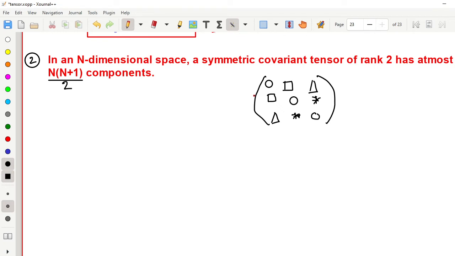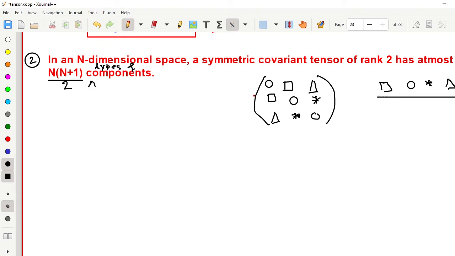So here count how many different types of components there are. It has at most n into n plus 1 by 2 types of components. Look carefully at how many types of components there are. One is this one, one is this, one is this, and one is this triangle. So there are 4 types of components.